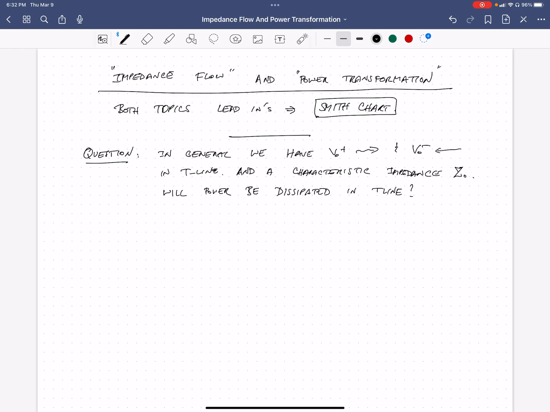The answer is that in general, no power is dissipated in a T line that's lossless.